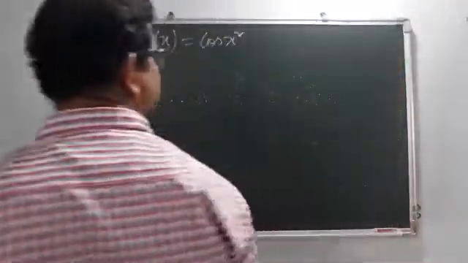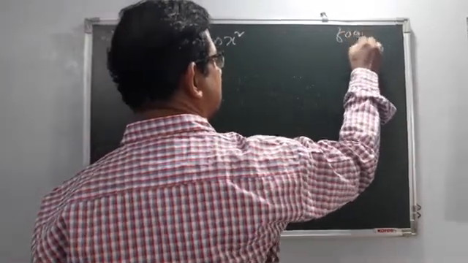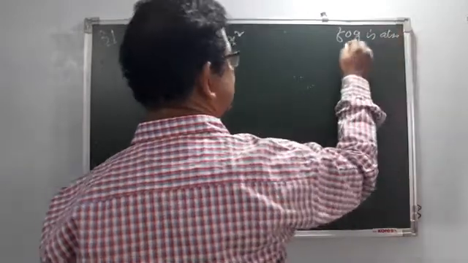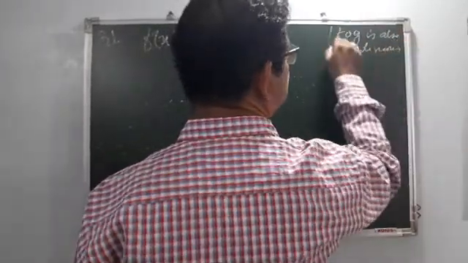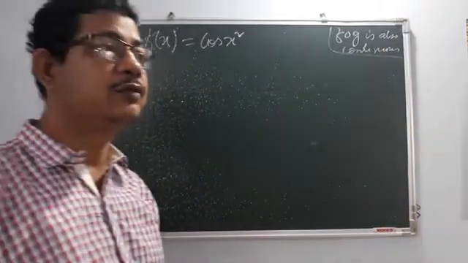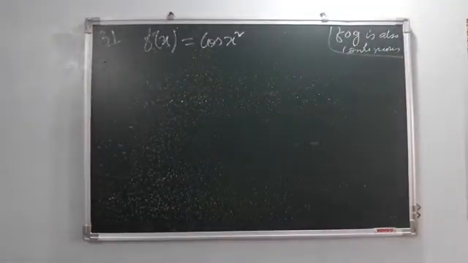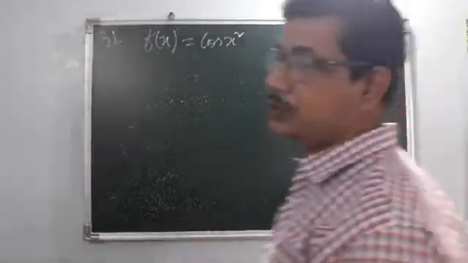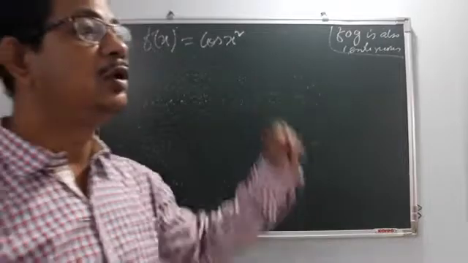That theorem is, if f and g are two continuous functions, then f of g is also continuous. That is the composition of functions f and g. If two functions are continuous, then their composition is also continuous. That theorem we will use here.